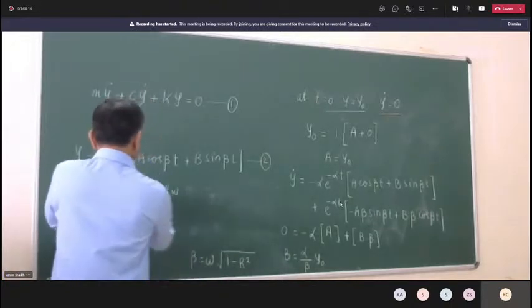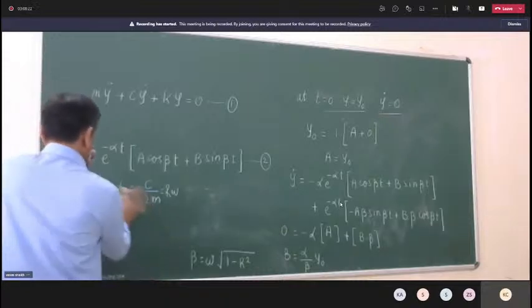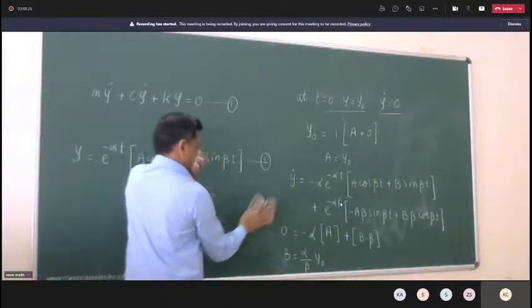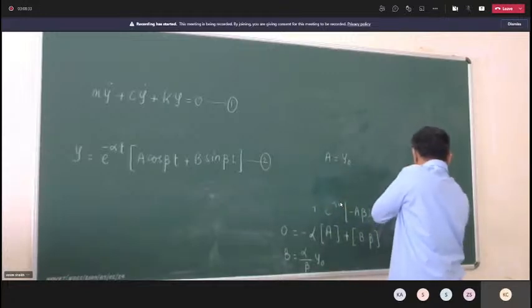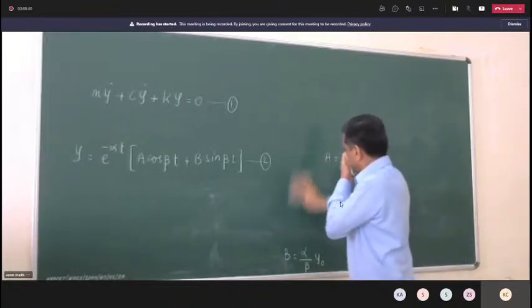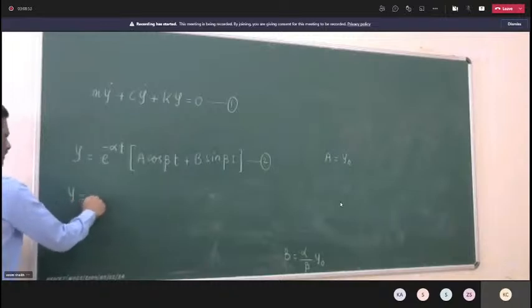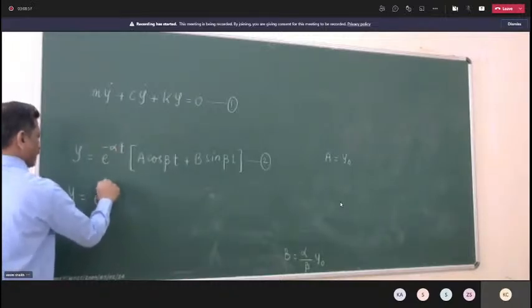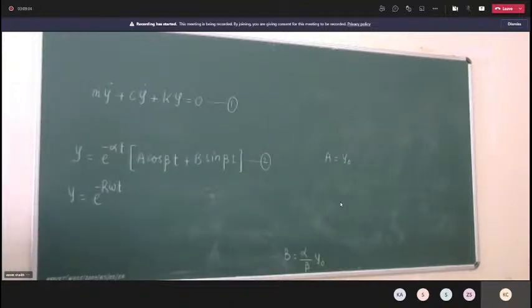So, substituting A and B in equation 2, I can write it as e raised to minus alpha t, or minus zeta omega t, into, you can take y0 common.